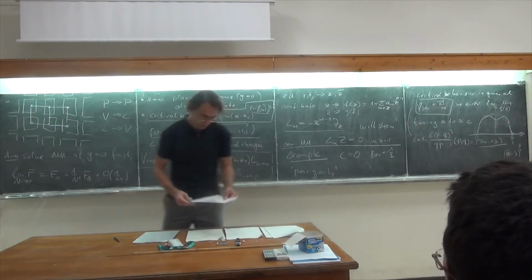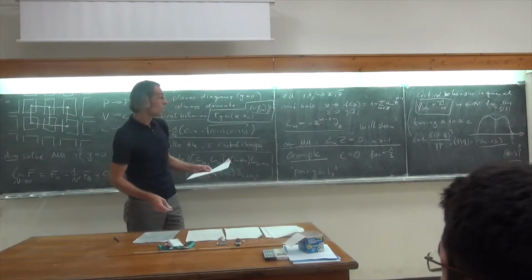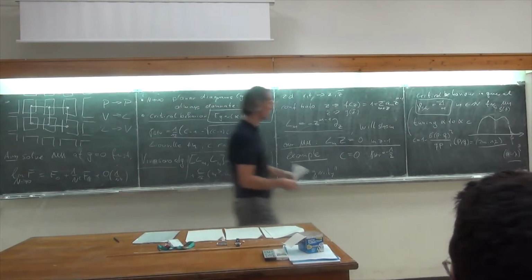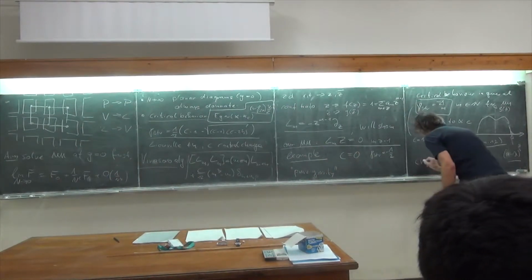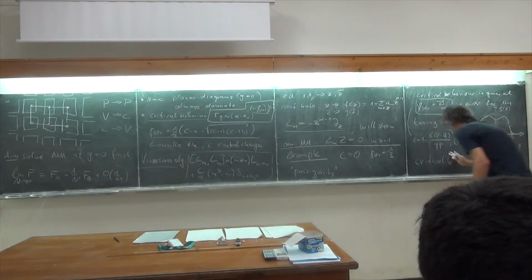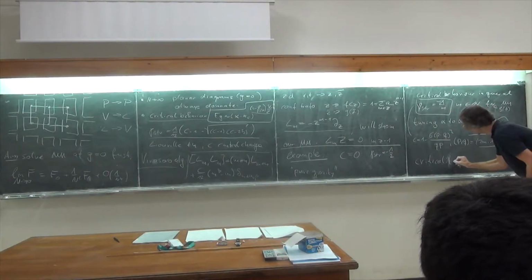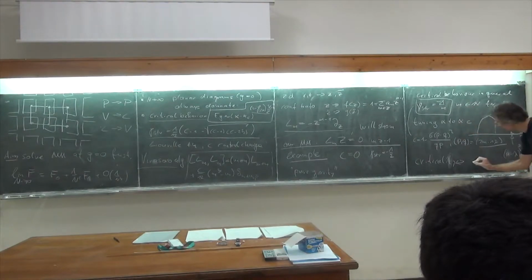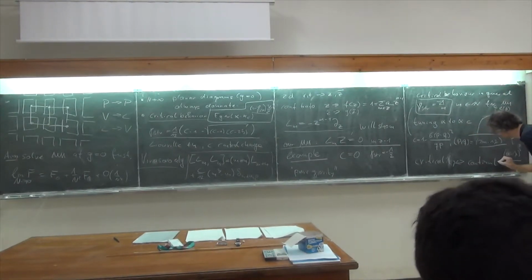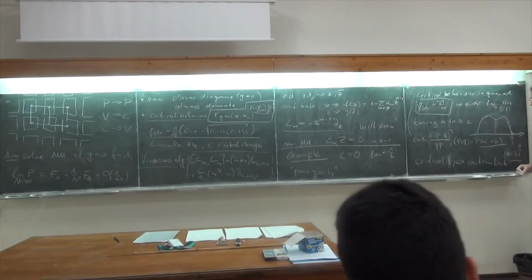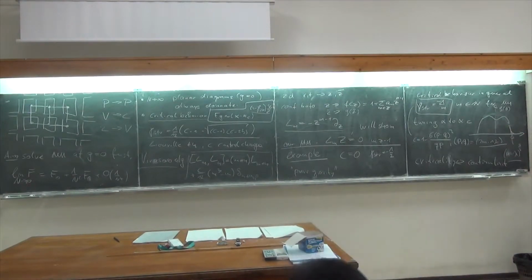Okay. Now one last thing we have to convince ourselves about is that this critical behavior has a relation to a continuum limit. By continuum limit, I think intuitively you know what it should be.